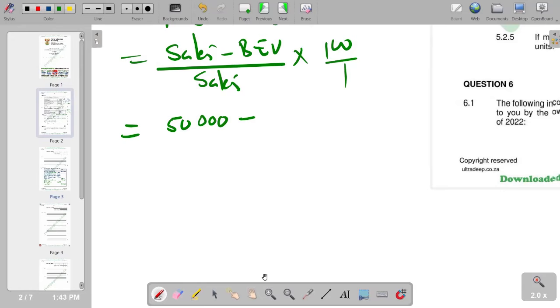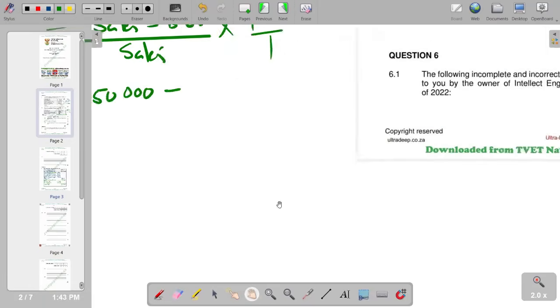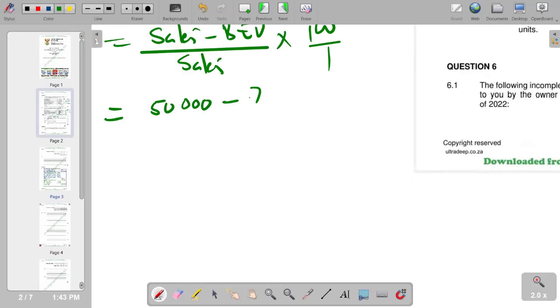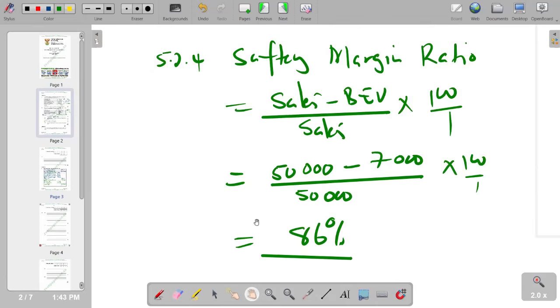The break-even value, we did calculate it, and we got 7,000. Then we divide by your sales, which is 50,000. Then we multiply by 100 over 1. You see that the answer you are going to get is 86%, to the nearest whole number. So this is now the safety margin ratio.